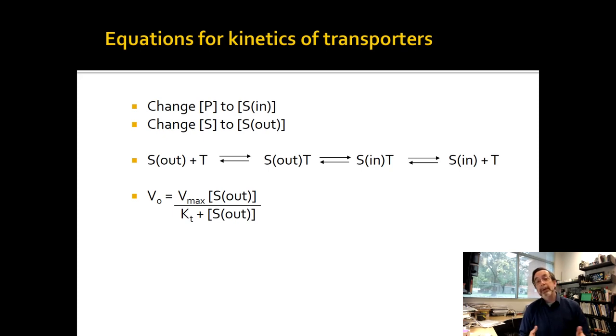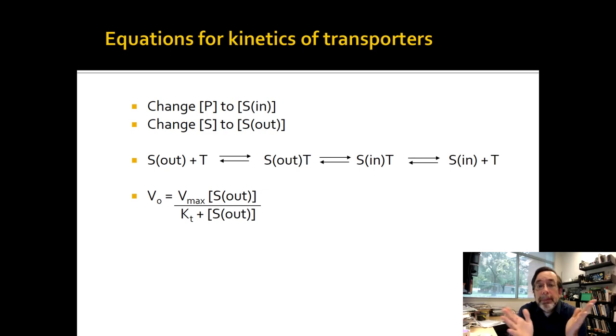So everything that you're learning about E, S, and P can be applied to S in, S out, and T. Okay, and all we have right here is exactly what we've talked about in this unit already, but we're just changing the labels. And that means that if we have the same 4 steps and the same 6 arrows between them, and we get them down to the same 3 arrows, all the math is the same, and we're just changing out where the labels are.